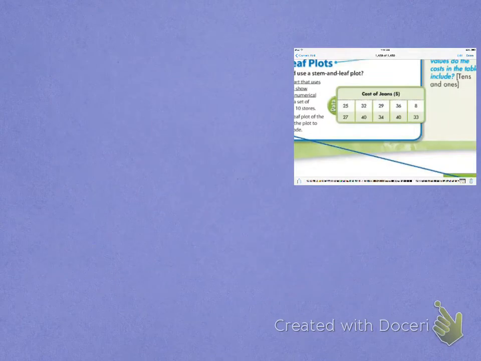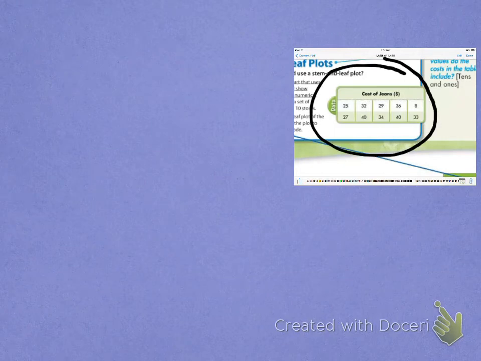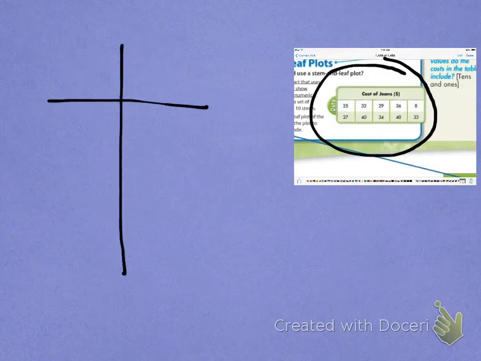Okay, so in your book you have this data that has the cost of jeans. What we're going to do is create a stem and leaf plot. Here's what we call the stem, and on this side is what we call leaves.